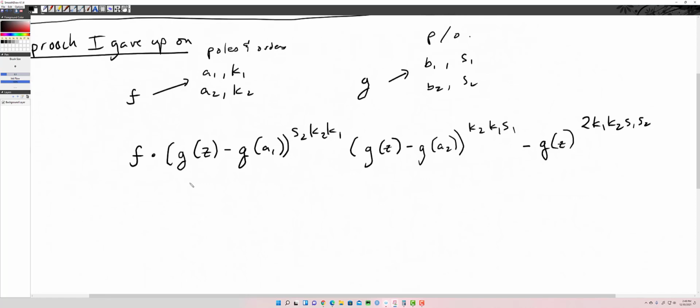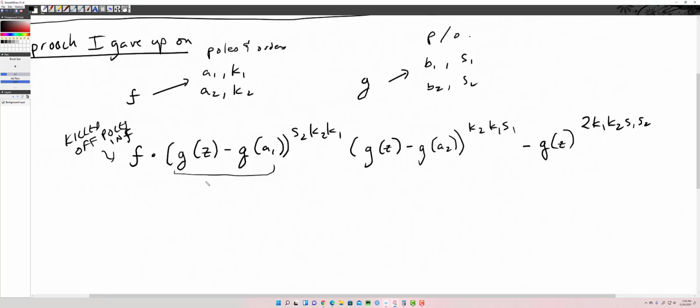The thought here was, okay, I'm killing off all the poles in F. I overkilled them, in fact, because I generated way more than enough zeros to cover up these poles.